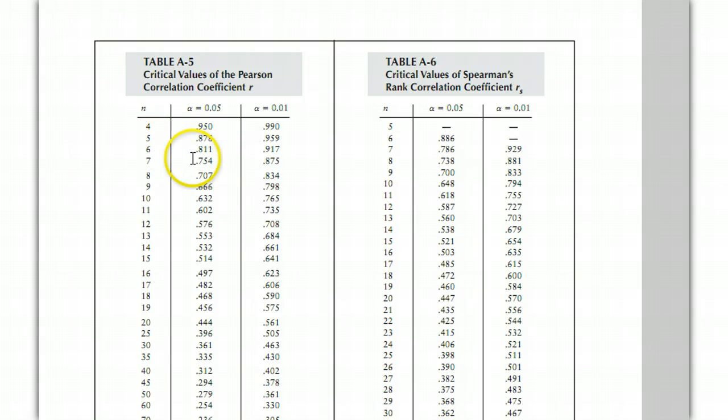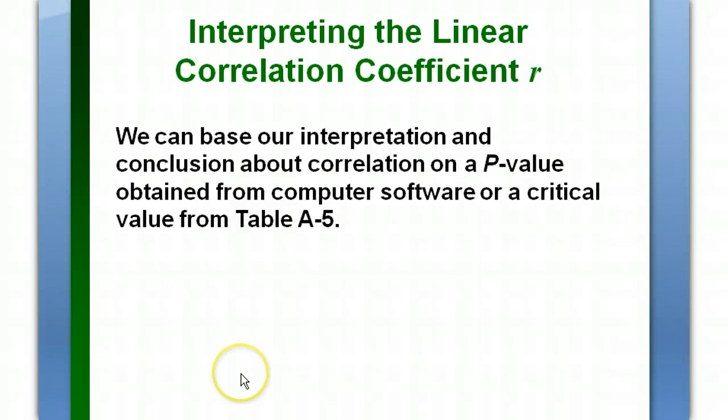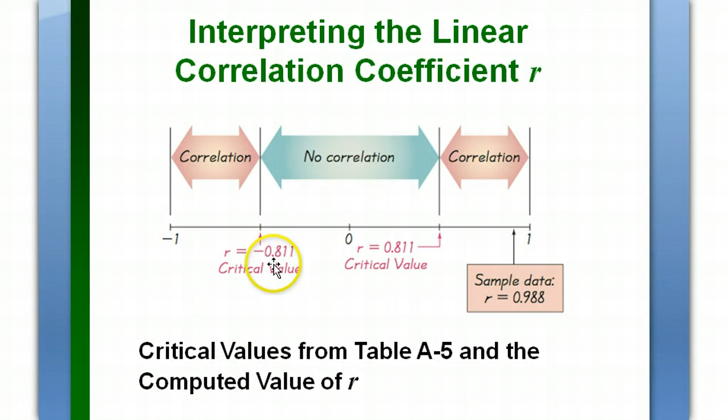Alright, so those are the cutoffs, and in this case, those are our positive and negatives depending on which kind of correlation we showed. Ours was positive. There's where our number fell, 0.988. It's right here. There's our cutoff, 0.811. So we conclude that there is correlation. Alright.